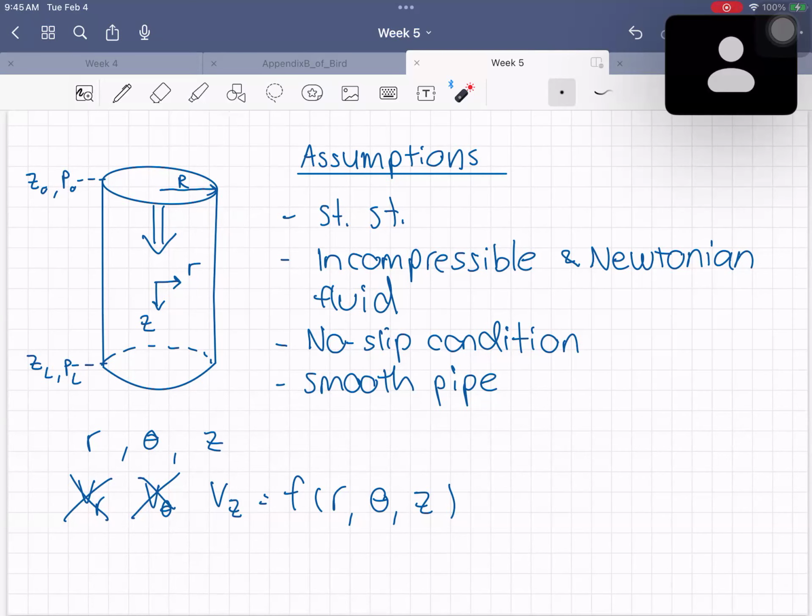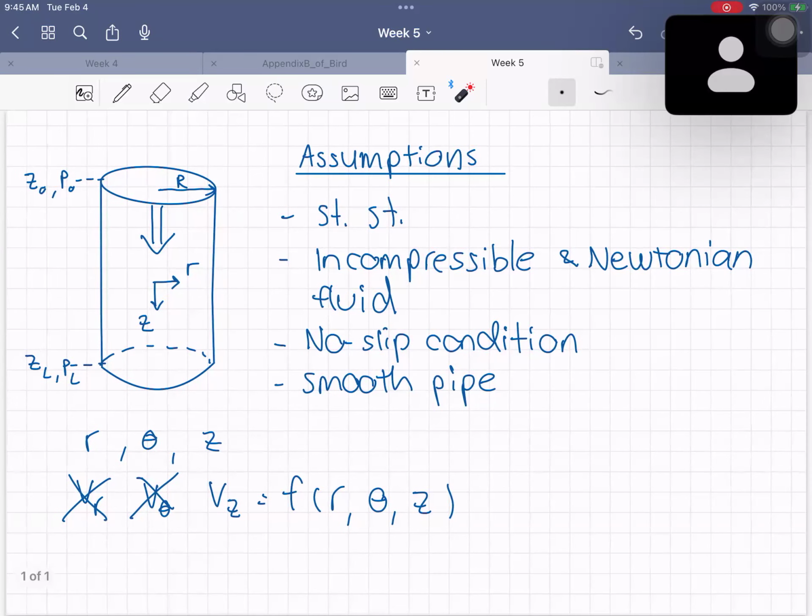But if Vz varies with r, it means that it's a function of r. So is Vz a function of r? Yes or no? No. Why? When you say no, it means that Vz is constant along the r direction. Does anyone think yes? Yes. Okay, why?